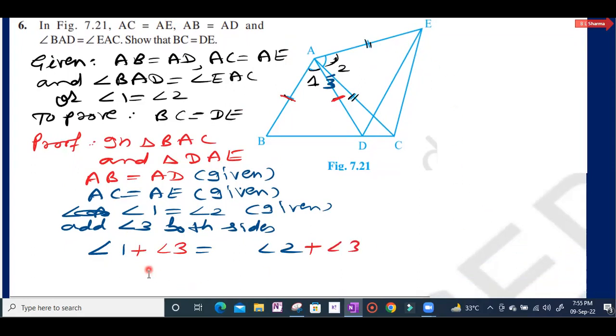When we add angle 1 plus 3, see here, angle 1 plus 3, we can write angle BAC.